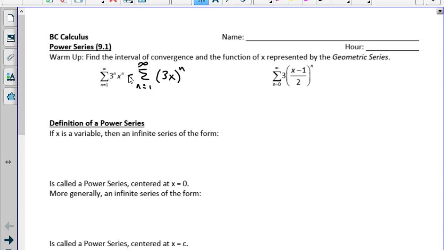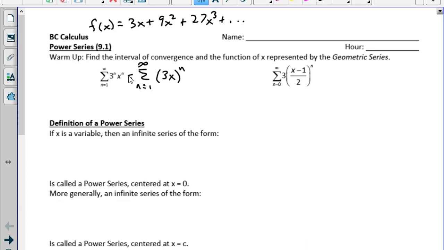And so we have a function basically that's looking something like this. We have f of x equals 3x plus 9x squared plus 27x cubed, and so on.